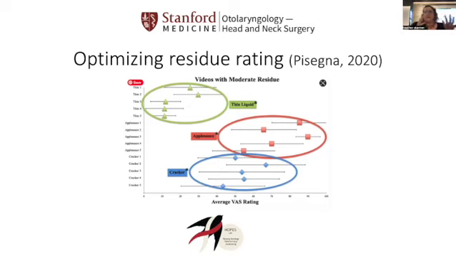So we knew that we had to think a little bit about this from a consistency perspective, because when we see residue of thin liquids in the pharynx, we think of that as being more severe than when we see a similar amount of material that's of a thicker consistency.